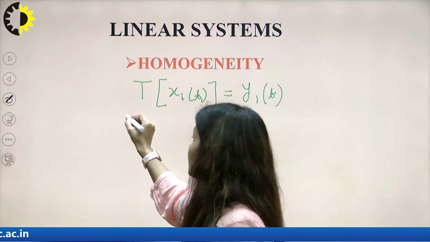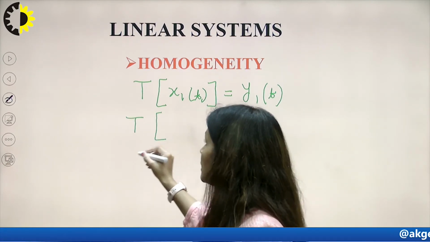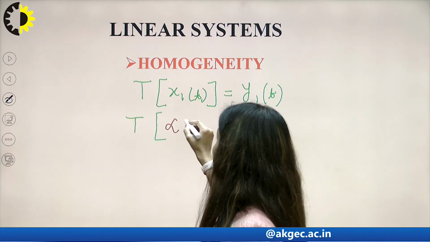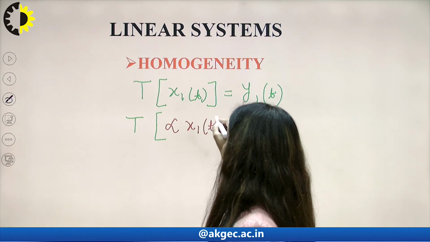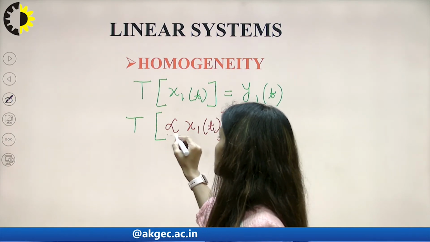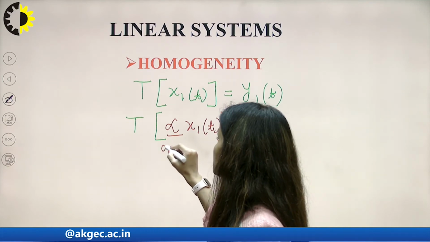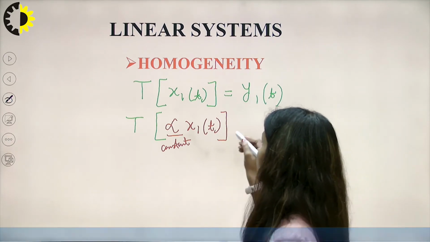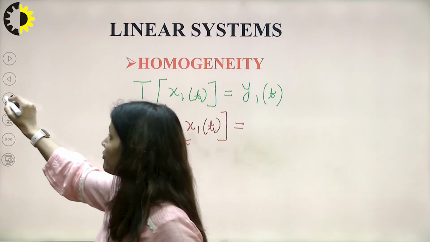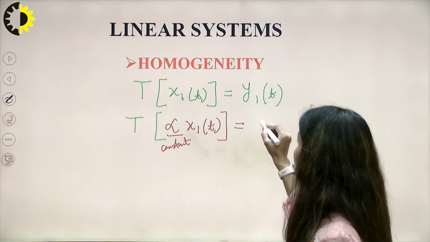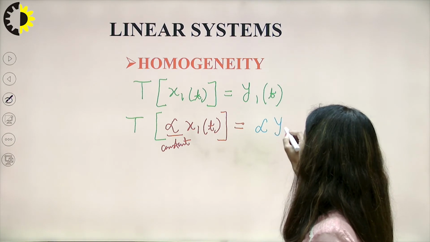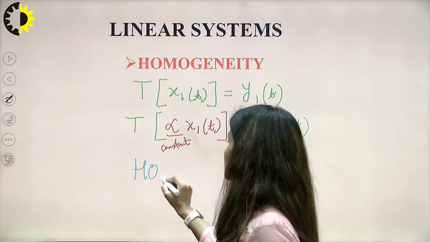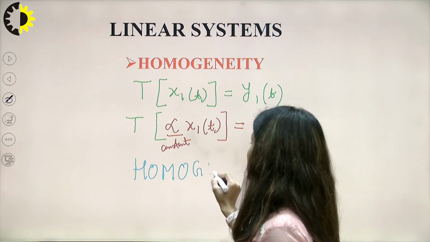Now, if I multiply my input by some constant, and this constant is reflected at my output, then my system is a homogeneous system.